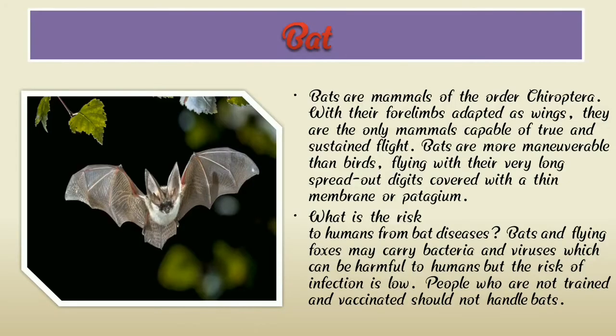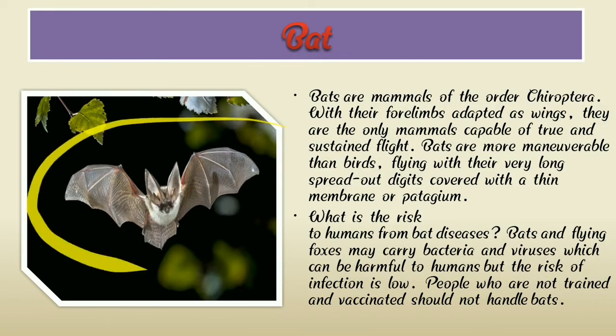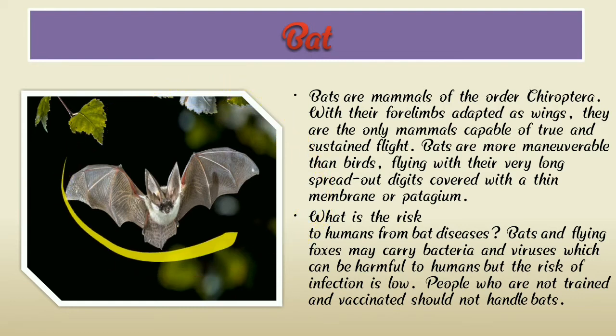So now next, bat. So here we can see a bat. Bats are mammals of the order Chiroptera, with their forelimbs adapted as wings. They are the only mammals capable of true and sustained flight.